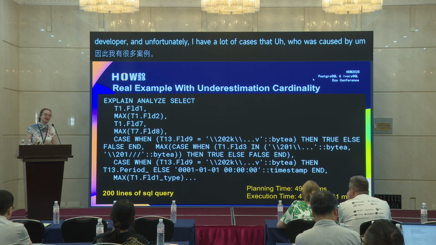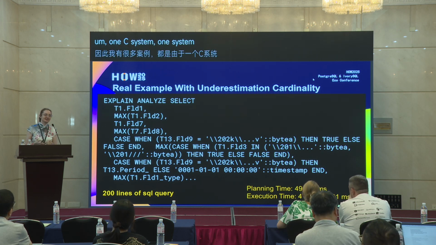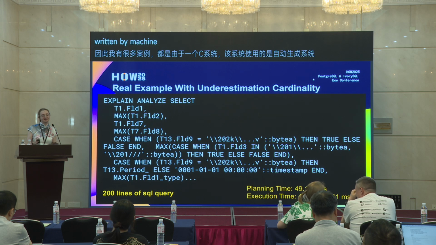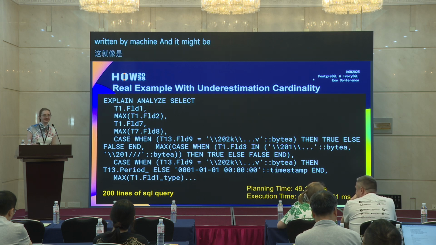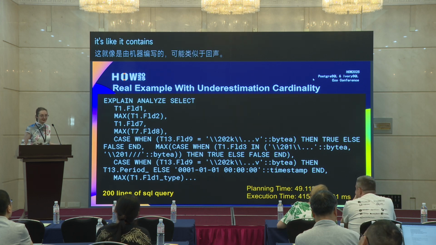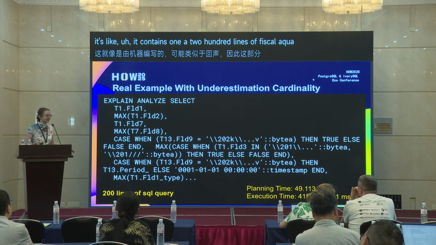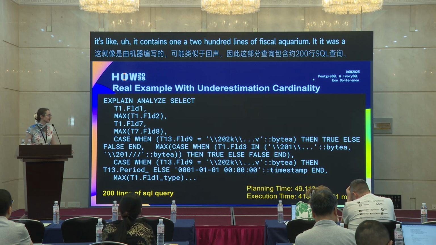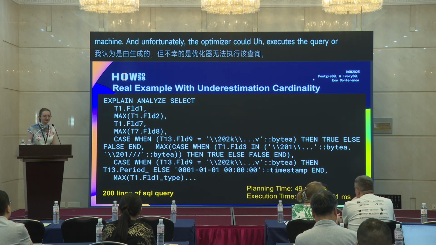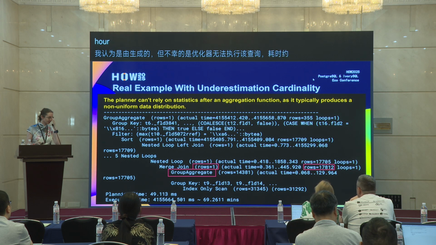The 1C system uses auto-generated queries, written by machine. This part of the query contains 200 lines of SQL, and it was generated by machine. Unfortunately, the optimizer could execute this query only in about 1 hour. It was so long.